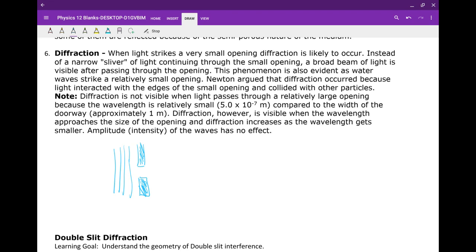And how does the light end up going through?